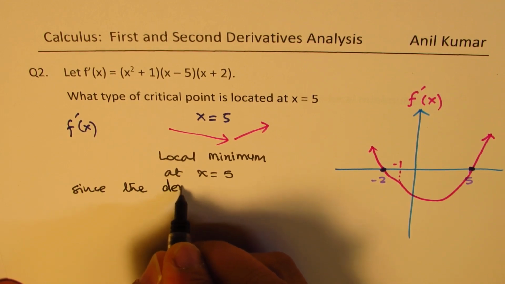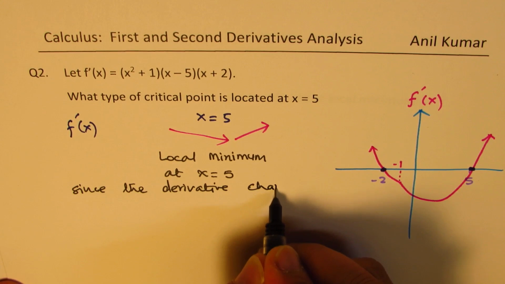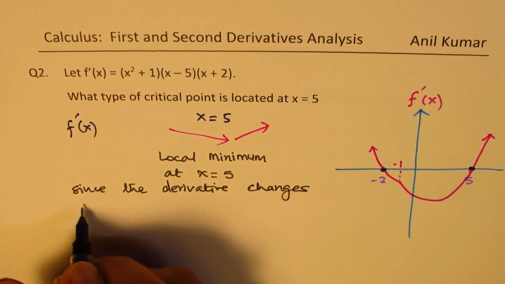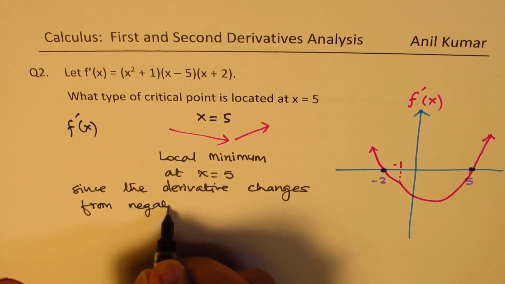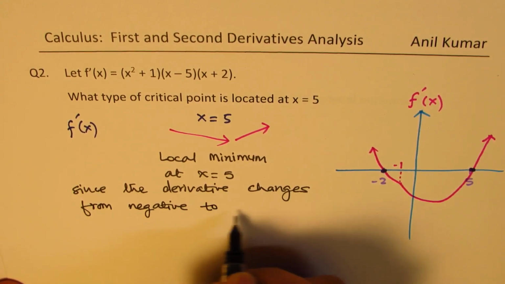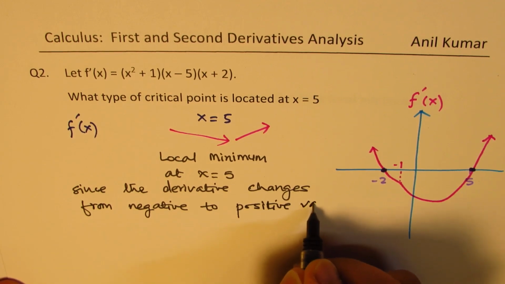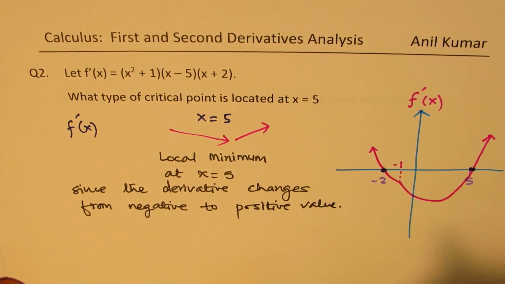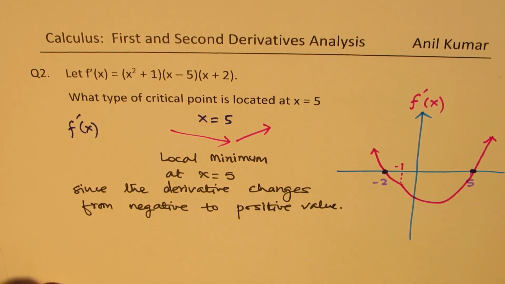Since the derivative changes from negative to positive value. Is that clear to you, right? So that is how we figure out that it represents a local minimum.